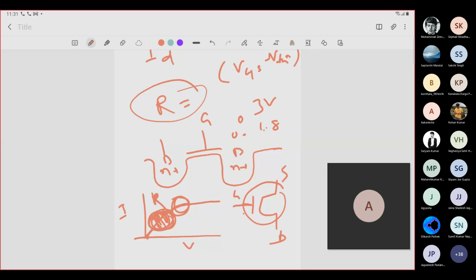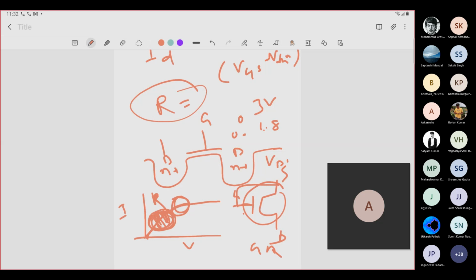But if you connect the gate to the source, since the source is connected either to VDD or ground depending upon the PMOS and NMOS connections, there is no need for any additional voltage source. The same operating voltage source can be used to realize your resistors.